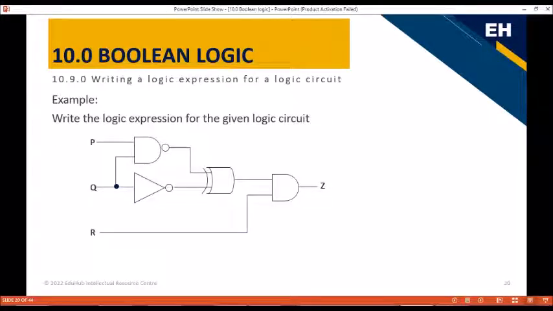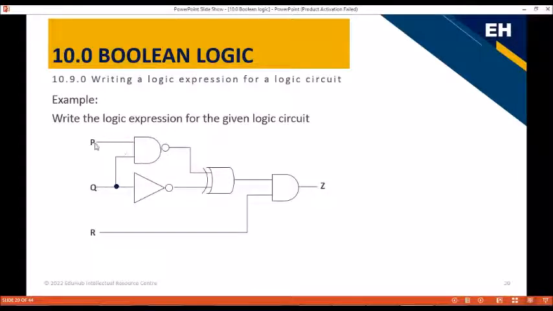The first example we shall be working on in this particular module is as follows. Write the logic expression for the given logic circuit. Then you have the circuit written, which is P NAND Q. The second one is Q, that is NOT Q, going into the XOR gate.